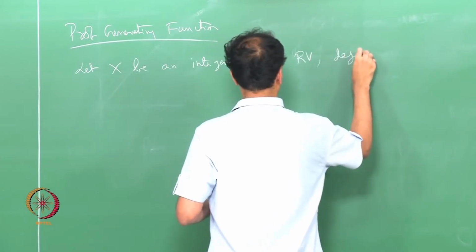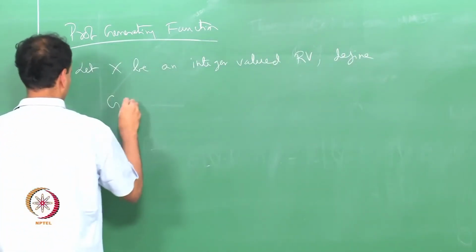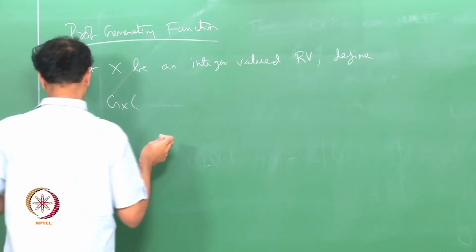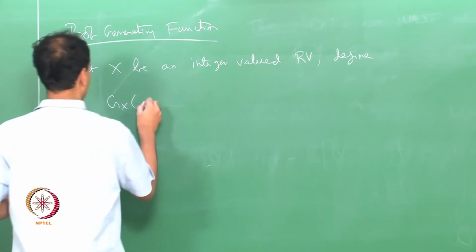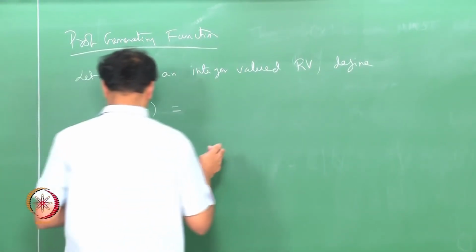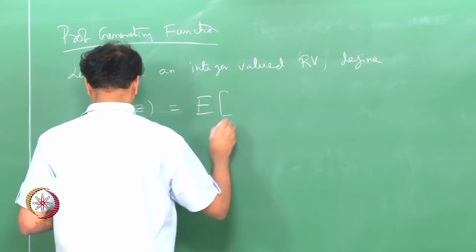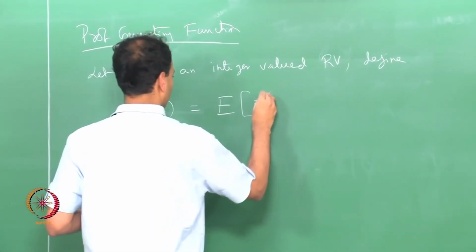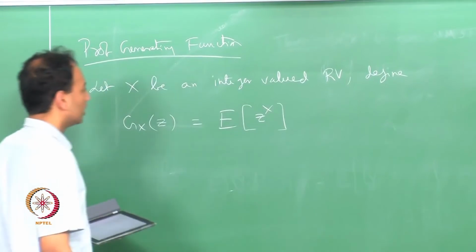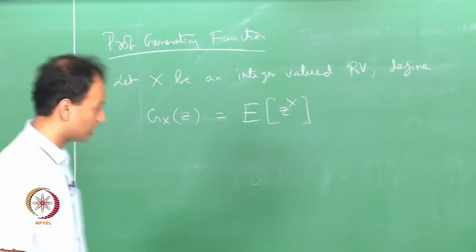Define G_X(z) = expectation of z^X. Okay, that is the definition of the probability generating function.